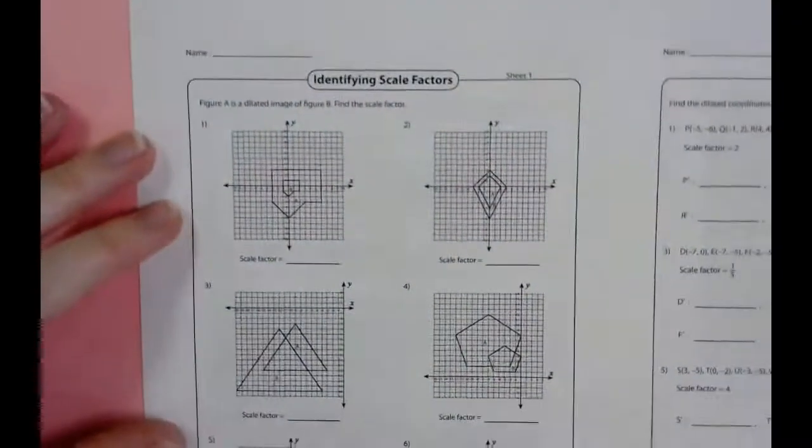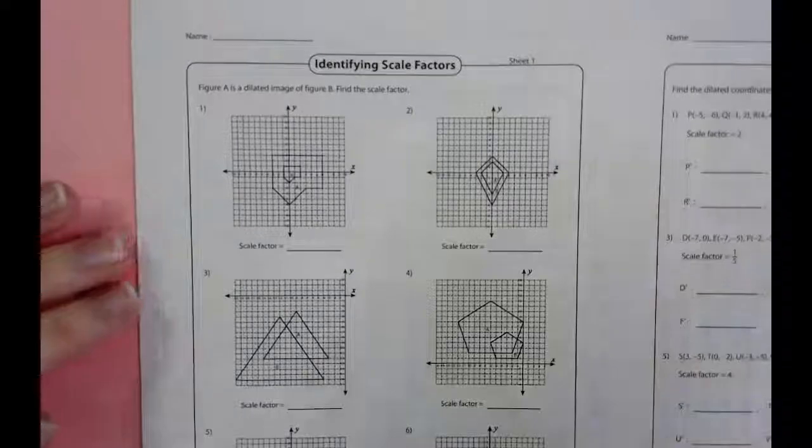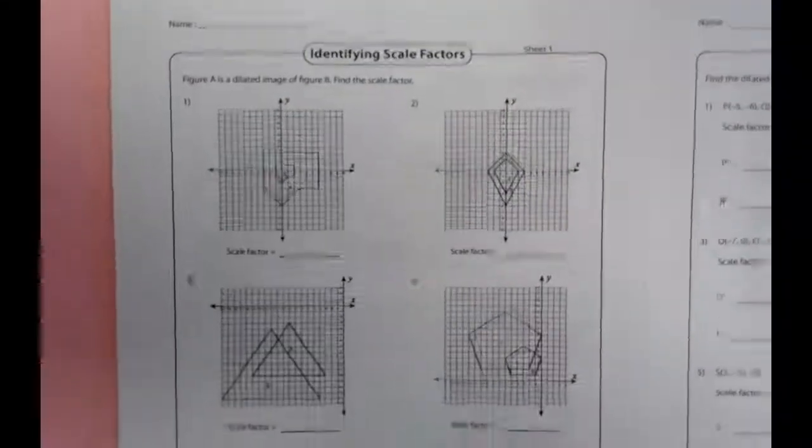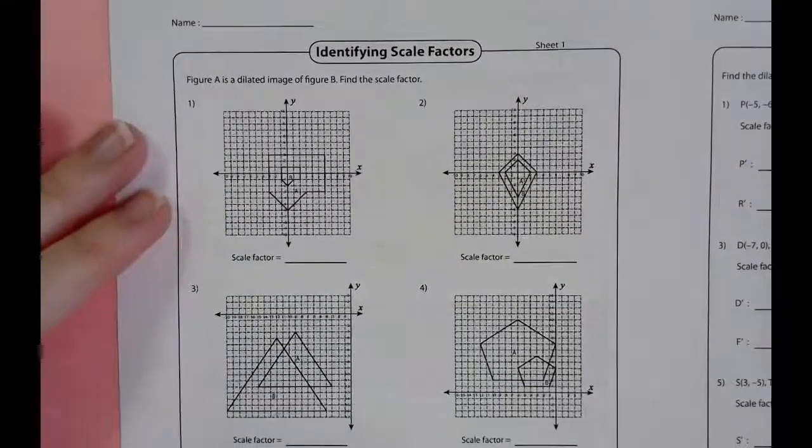Moving on to page 11. On page 11, you're identifying scale factor. Now, we talked about scale factor a little bit in our proportionality unit. This really does connect a lot because our shapes are proportional. They are similar figures, okay? And we did a lot of work with similar figures.